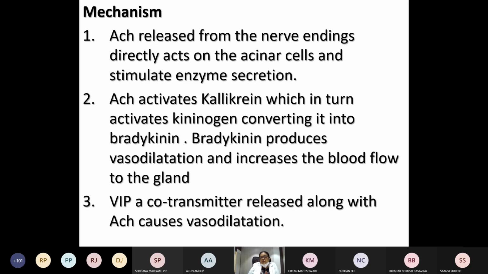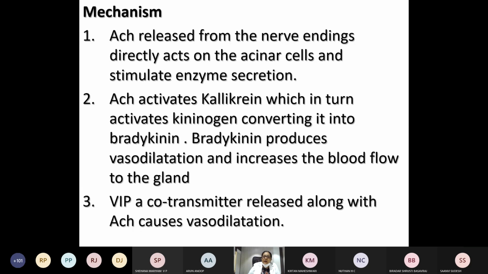So the mechanism: acetylcholine released from the nerve endings directly acts on the acinar cells and stimulates enzyme secretion.